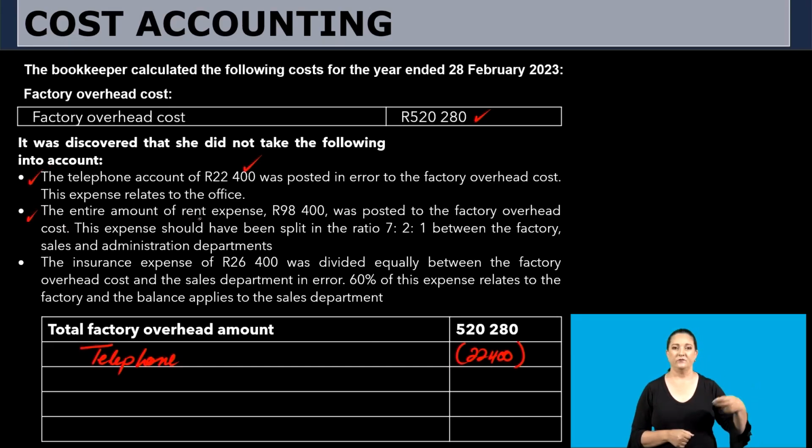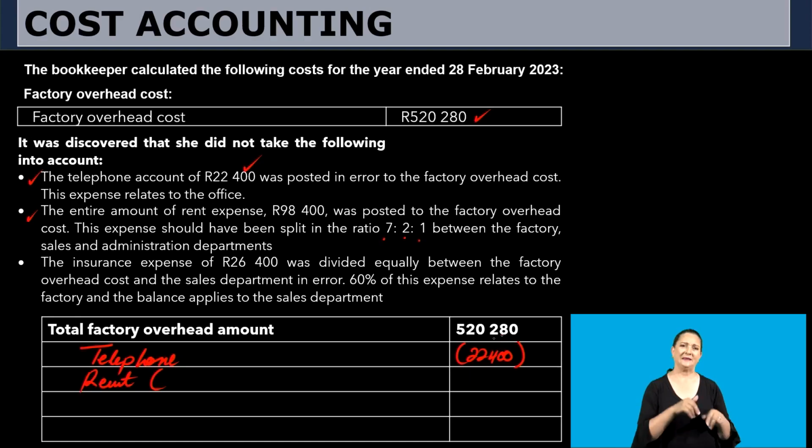The entire amount of rent, which is 98,400, was posted to the factory overhead cost. This expense should have been split in the ratio 7:2:1 between the factory, the sales and administration department. So I'll come here and say rent.